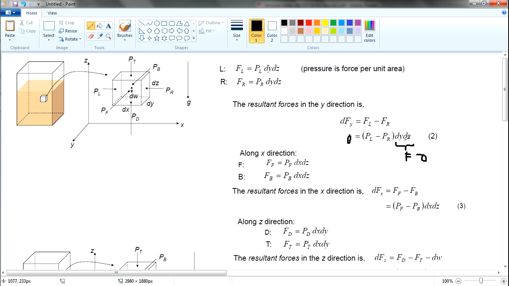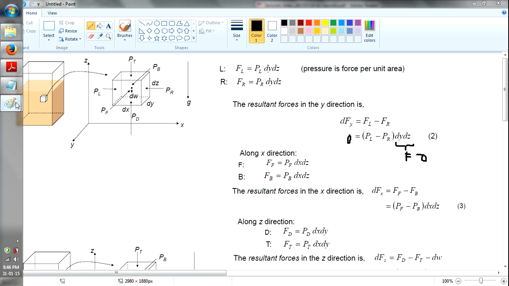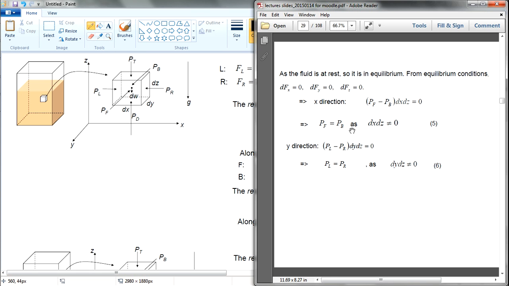What I mean is that dy and dz definitely cannot be 0, because if you have no area, then how can you apply a pressure? So definitely you have the same pressure that lets it be in equilibrium, and therefore we can deduce that PL equals PR, which is also described over here.